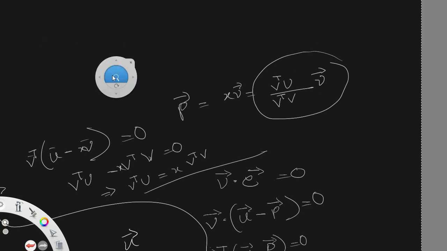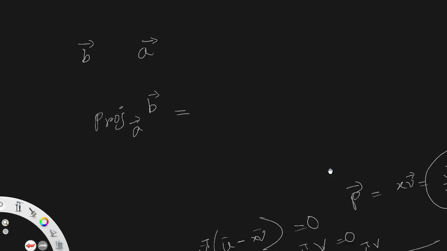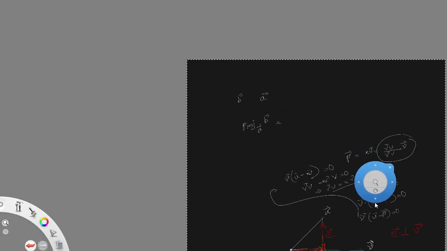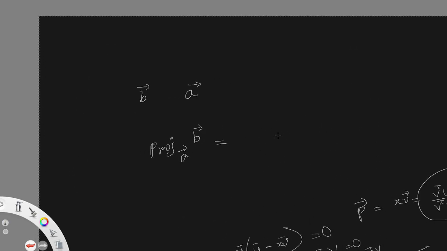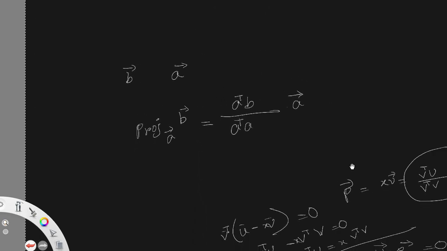So let's write it in general. I'm trying to project the vector B on top of the vector A. So the projection of B on A, this is how you write it, is A transpose B over A transpose A, into the vector A, right?